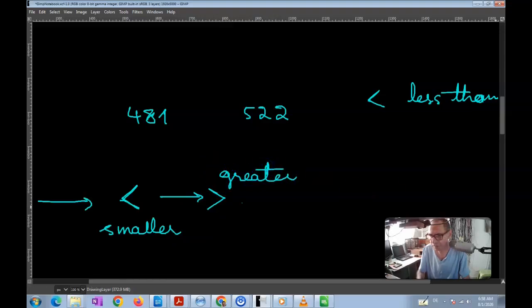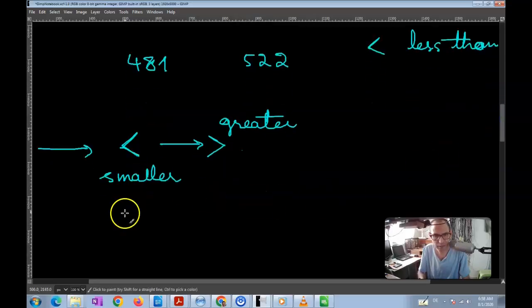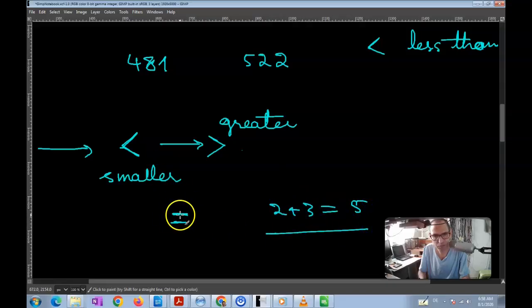So that's one thing. Now there is another variation of this symbol: we have smaller than or equal to, and also greater than or equal to. So the equal sign can also be combined with this symbol, the same equal sign that we have in mathematics, for example, 2 plus 3 is equal to 5. You can put it over here or over here.